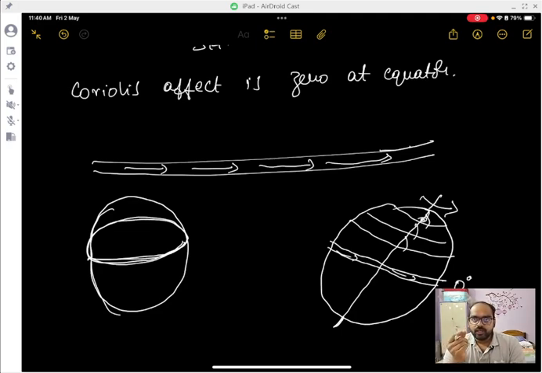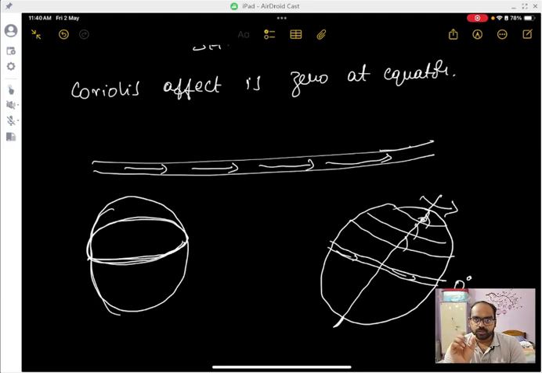When will the motion be similar to circumference? When it is not making any angle, without any deflection. When something moves without any deflection, it covers the area within a certain period of time, and that certain period of time is the rotation of the earth.